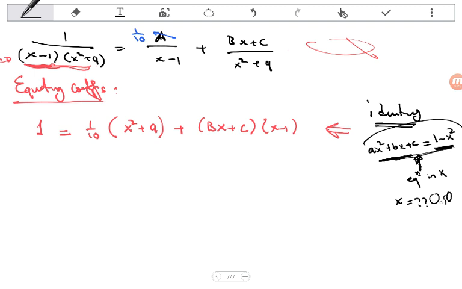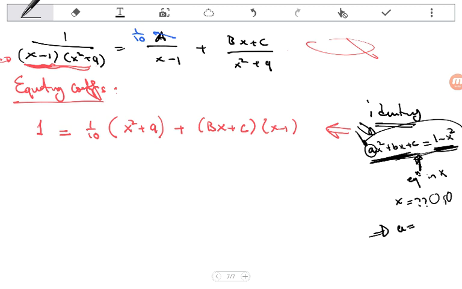When both sides are identical, what would I expect here? That a will be equal to a, which is the coefficient of x squared, since I'm telling you that this side is identical to this side.